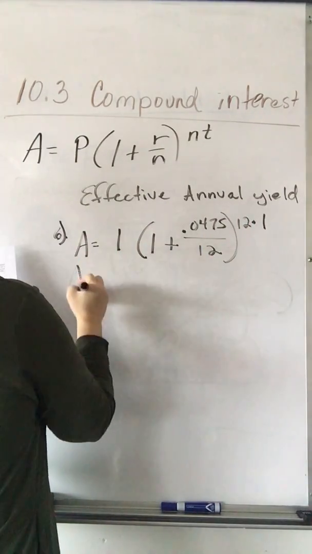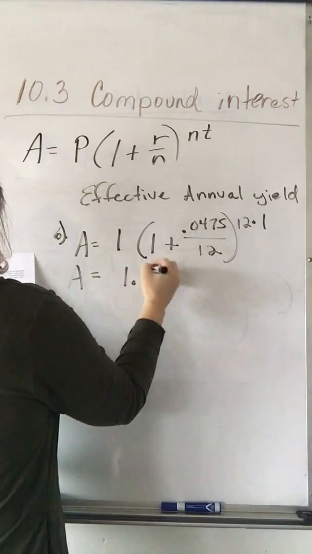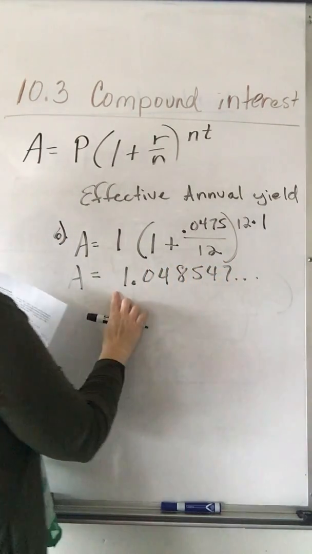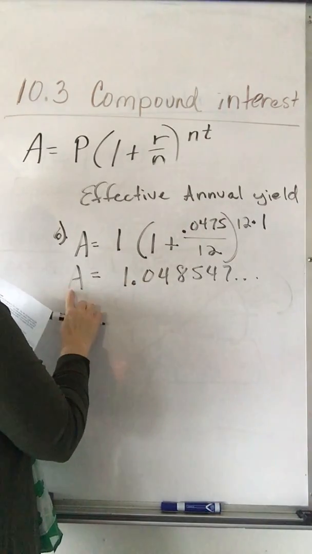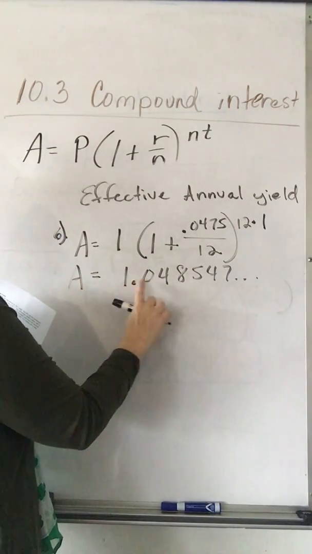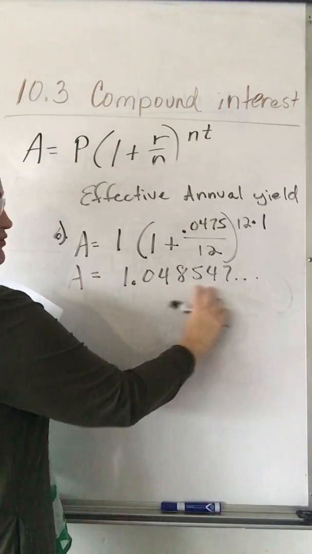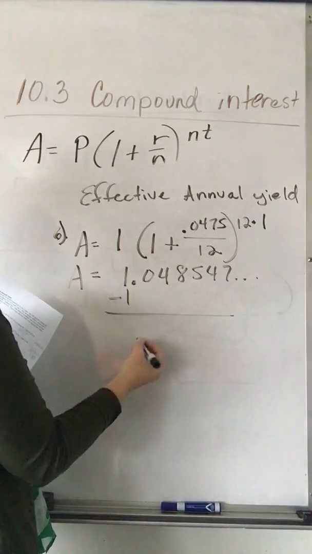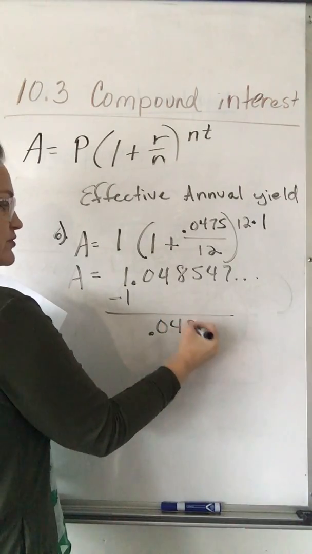So we crunch that on our calculator. And it comes out to be a little over $1. This is what your dollar accumulates to. Your dollar became $1 and basically a little over 4 cents. So let's take our dollar back off, that's how much we started with, and see how much of it is just growth.